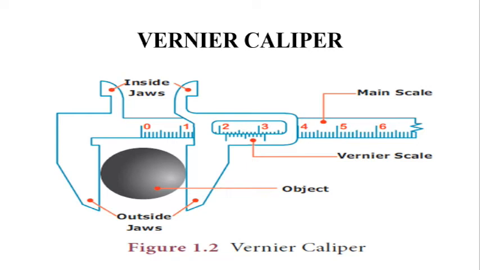We can measure the length of a pen cap using a scale, but it won't be very accurate. We cannot measure the inner diameter of a pen cap accurately with a scale, but with this vernier caliper we can measure the inner diameter of a pen cap very accurately. That is the main point. Okay, so this is the structure of the vernier caliper.